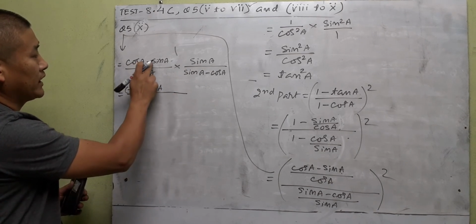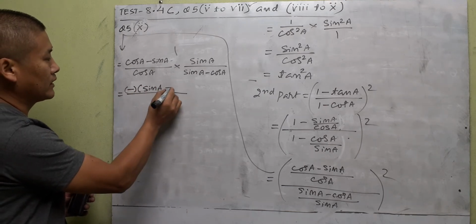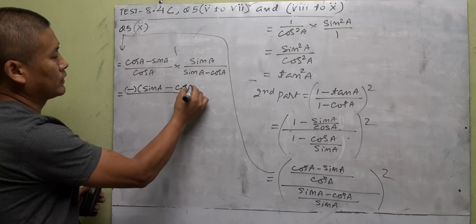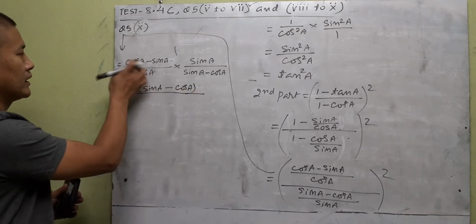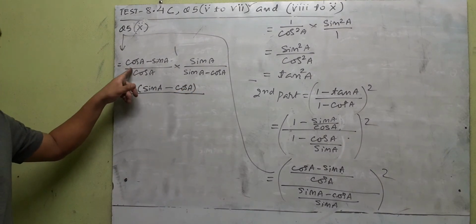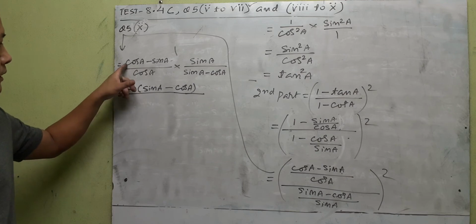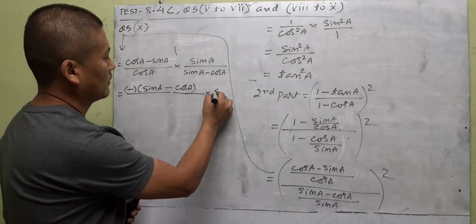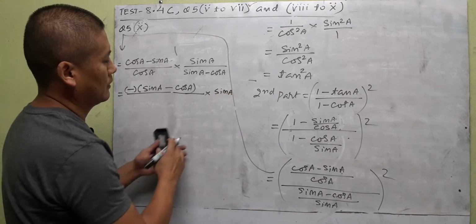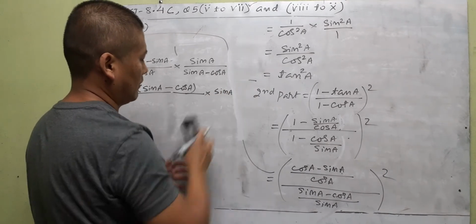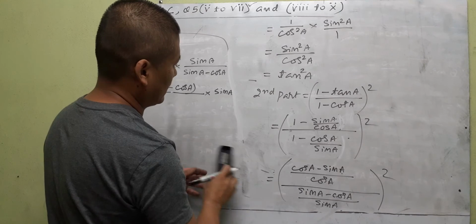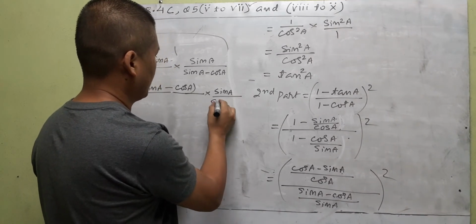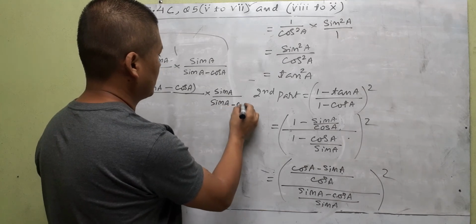Like that we can change the order by bringing the minus out, but it is still the same thing. Minus into plus is minus, minus into minus is plus, into sine A, divided by sine A minus cos A.